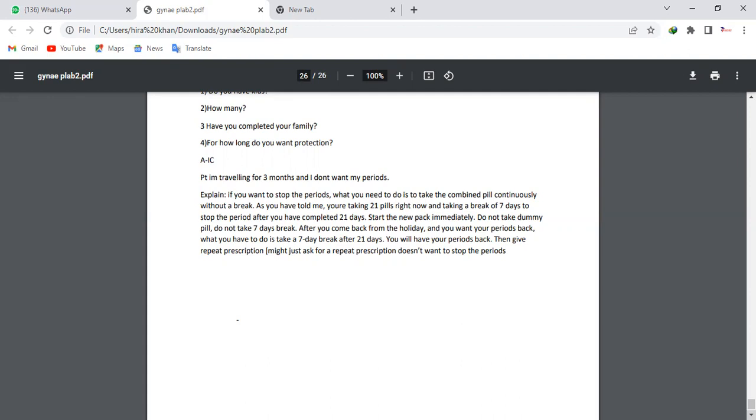So you have to mention that you can only take 2 combined oral contraceptive patches side to side, but do not take more than 2 side to side, otherwise they might have some side effects. Okay, but I will recommend you, please do confirm that point as well from the other site. And that's what I remember.